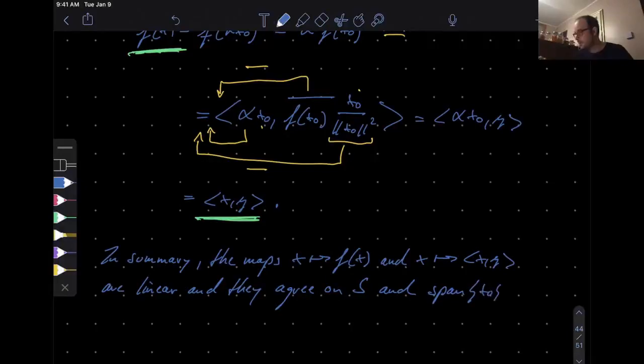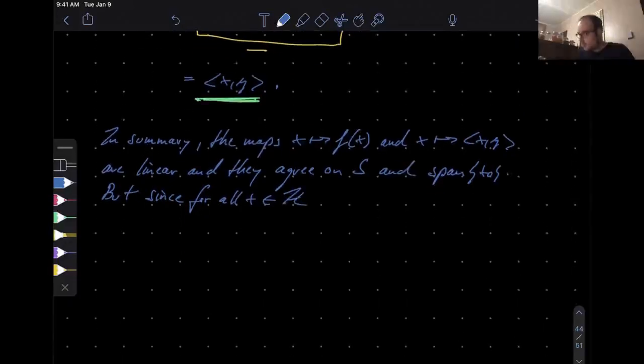Span of x naught, all right? But now we use the projection lemma again. So far we have only used it in the form of this corollary, that the orthogonal complement of a proper closed subspace has more than the zero vector in it, but now we're going to use it in full generality. For all x in H you have the following representation.